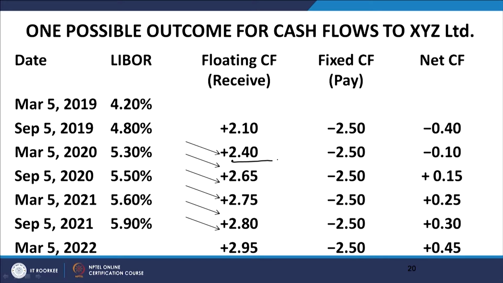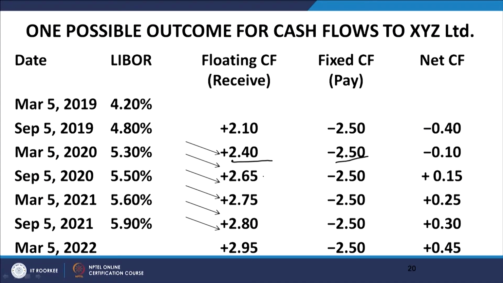And remember, the fixed rate is still at 5%, you are paying 2.50, you are receiving this amount, the net payment goes. Now, as on March 5 2020, the LIBOR rate has gone up to 5.30. Therefore, the next payment, that is on September 5 2020, will be made at the rate fixed on March 5 2020, which is 5.30%, and that would be equal to 2.65.